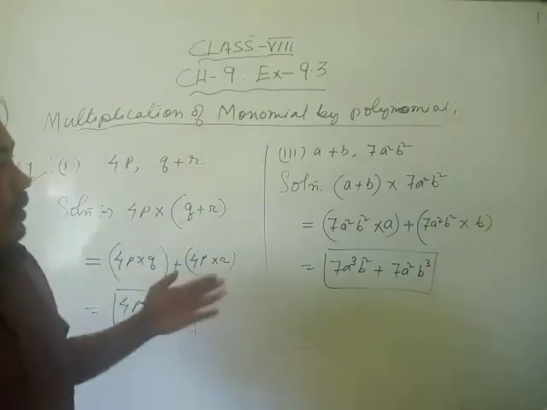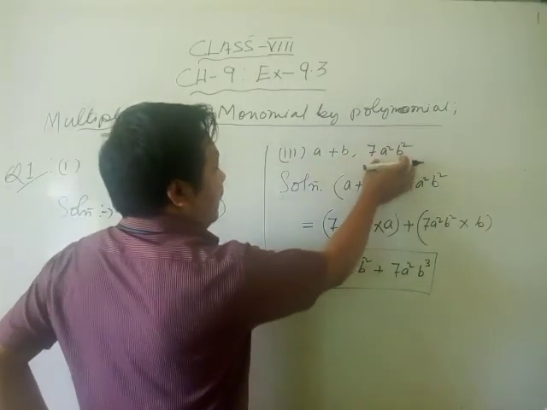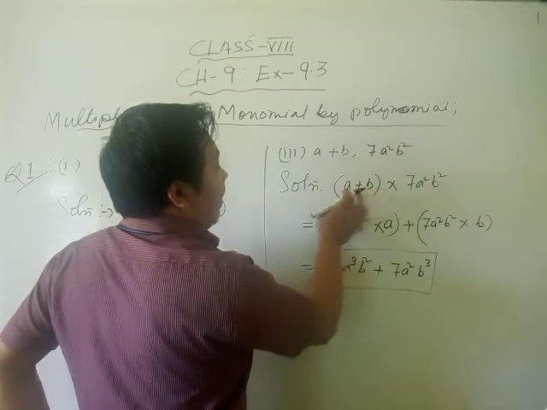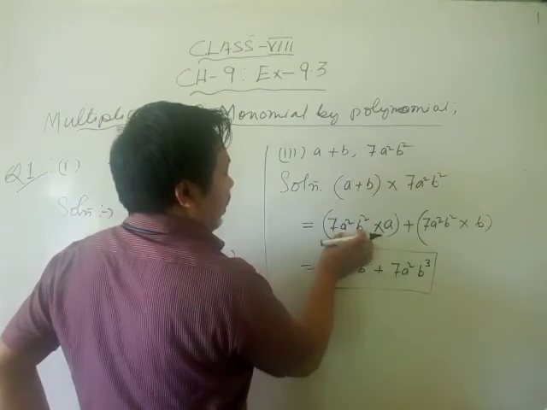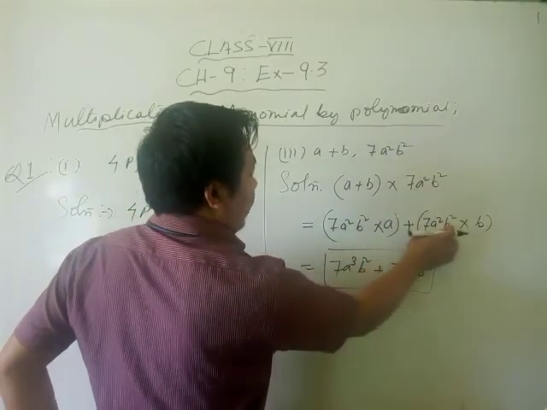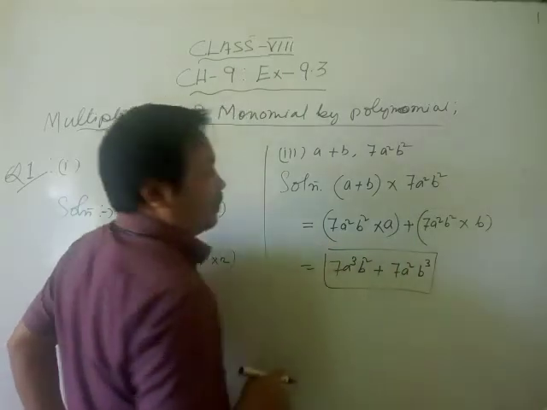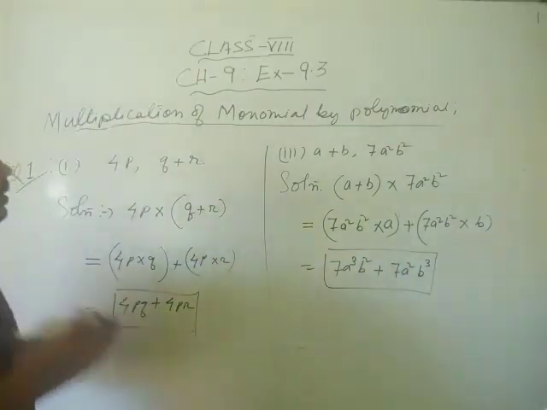Very simple. Once again, this is polynomial, this is monomial. So the monomial is multiplying the terms of the polynomial again and again. You see here, 7a squared b squared into a, plus again 7a squared b squared into b. Like this. Okay, then let us go to the next question, number 2.